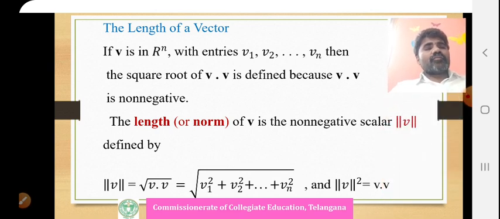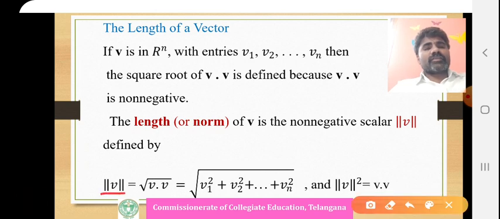And norm v square is nothing but squaring on both sides. Norm v square equals v dot v. This is also a very important formula. Norm v square is v dot v. From here, squaring on both sides, v dot v equals norm v square.